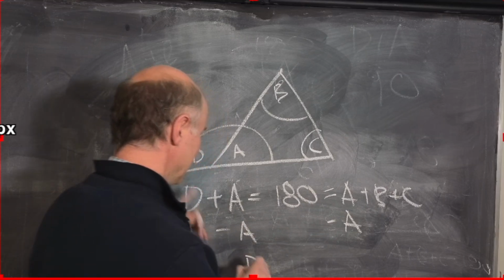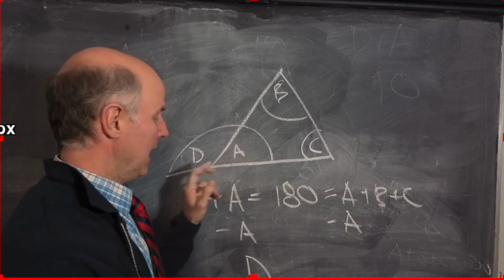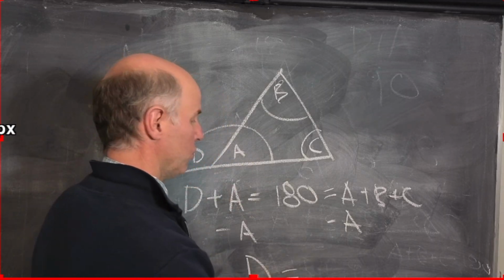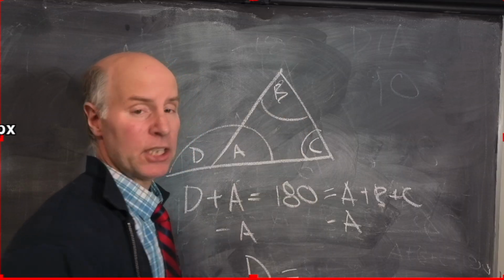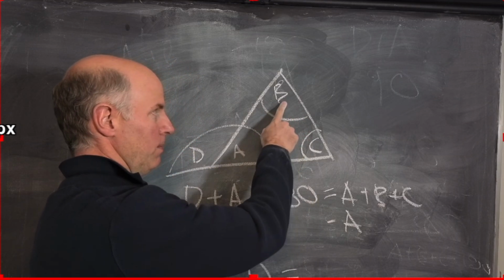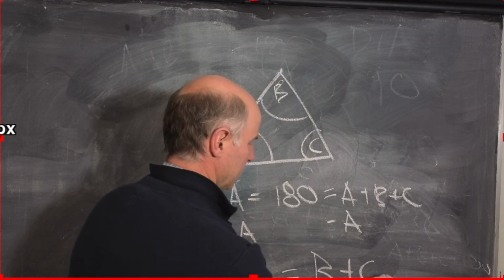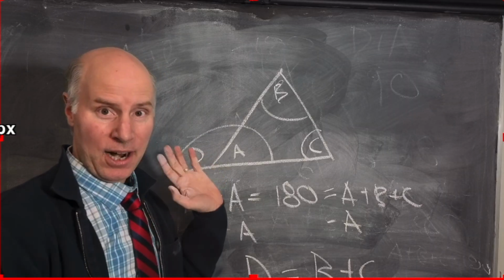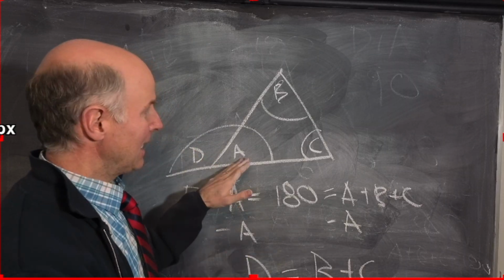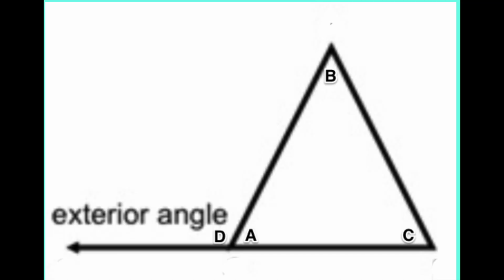D, this is the outside exterior angle, adjacent to A, is equal to the sum of the non-adjacent interior angles. That means the non-adjacent interior angles would be B and C. So we have this new statement: D, our exterior angle, is equal to the sum of the non-adjacent interior angles, or B plus C.